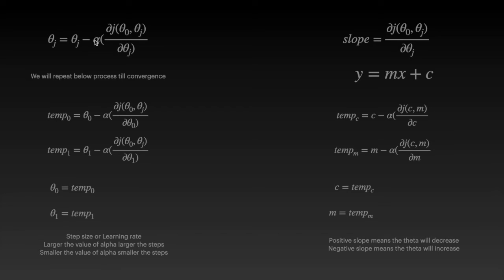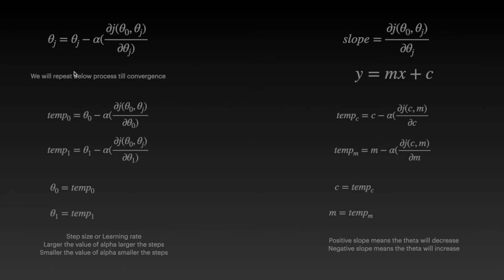The smaller the value of alpha, the smaller the steps. Similarly, this particular portion, the partial derivative of J(theta) with respect to theta j, is known as the slope. A positive slope means that theta will decrease, and a negative slope means that theta will increase.